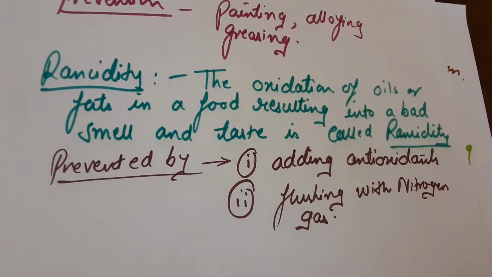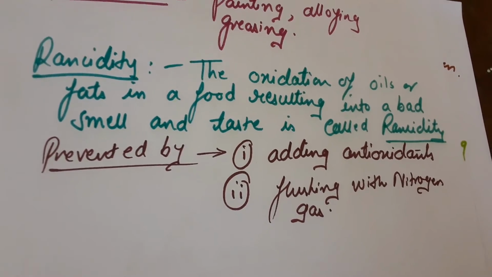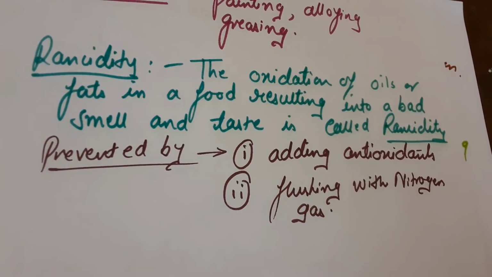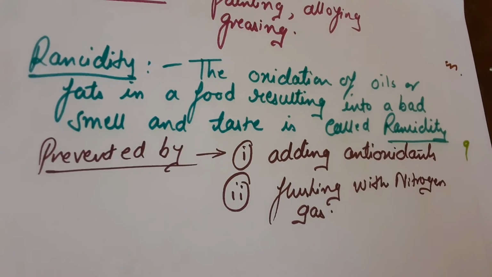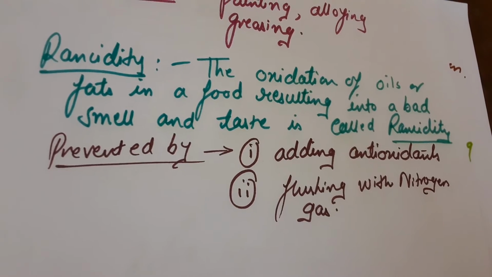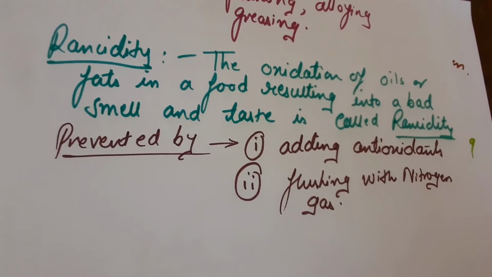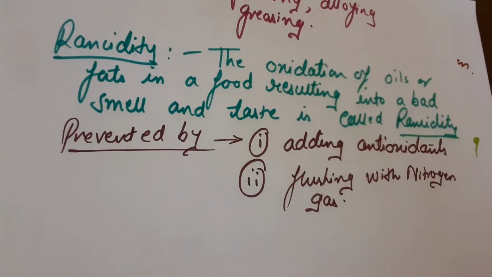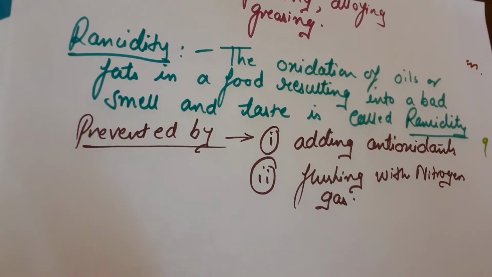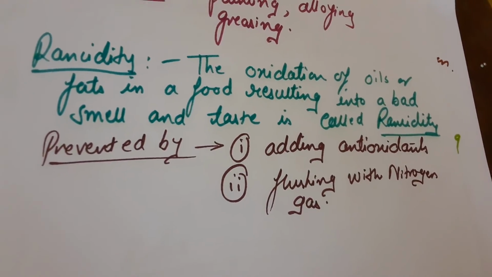Substances which prevent oxidation are known as antioxidants. They are added to foods, so antioxidants can avoid rancidity. Keeping food in airtight containers helps to slow down oxidation. That is one prevention technique.